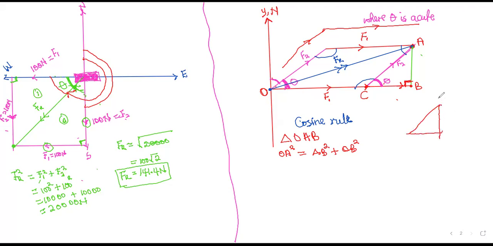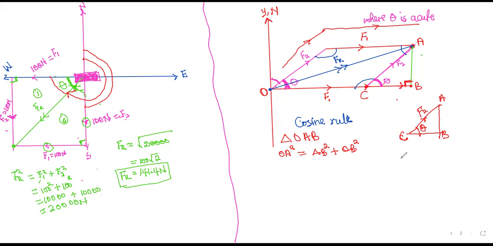And that is AB, then C. I mean, just this small part with the angle theta there. This is F2.